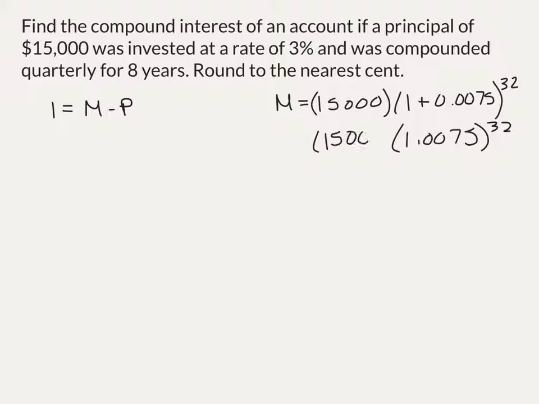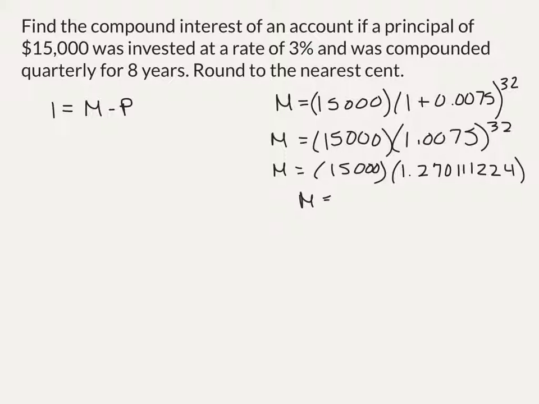Next, we'll use the exponent operation and raise 1.0075 to the 32nd power. When you do that, you should get 1.270111224. Lastly, we'll multiply that decimal by 15,000, and we'll get an answer of 19,051.66836.